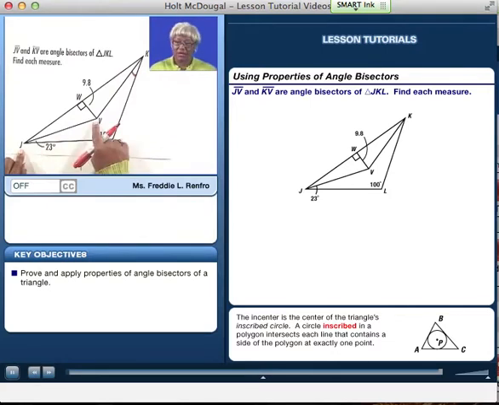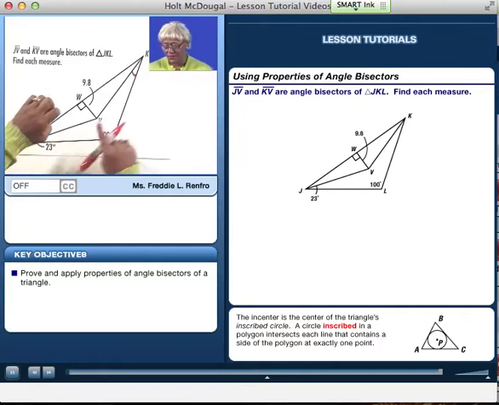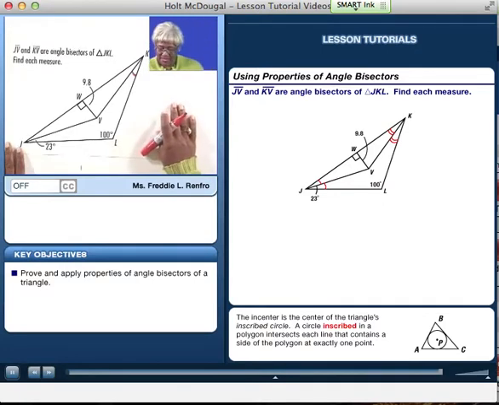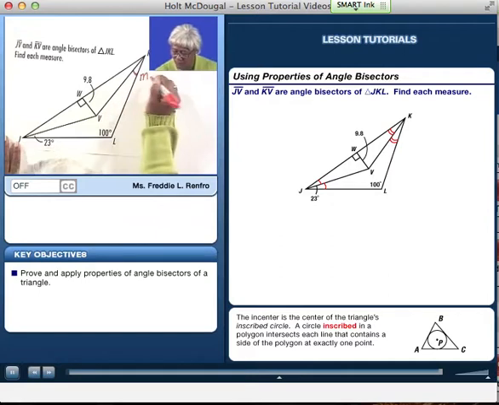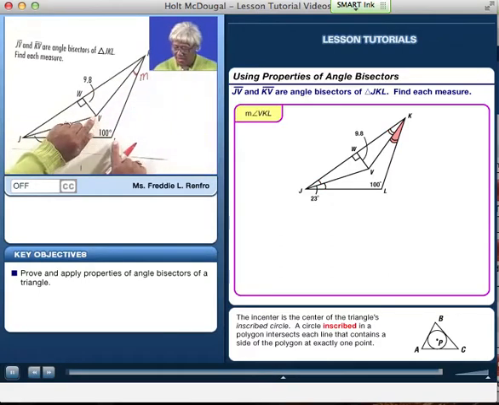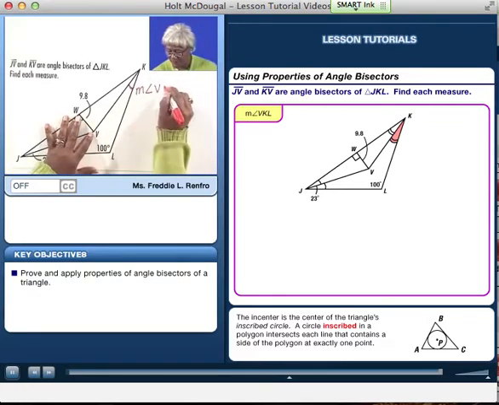Well, if they're angle bisectors, then I know these two angles are equal and these two angles are equal. Let's find some measures. Suppose we were asked to measure angle VKL.